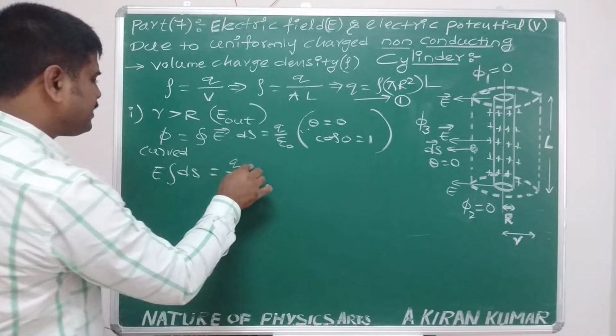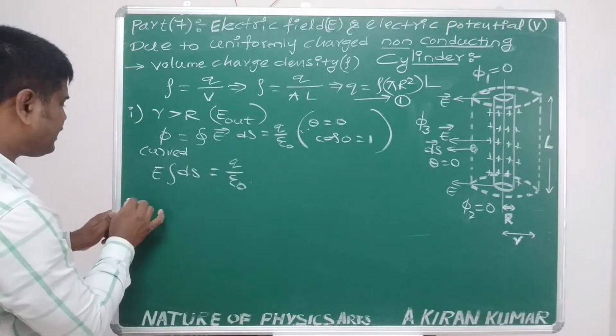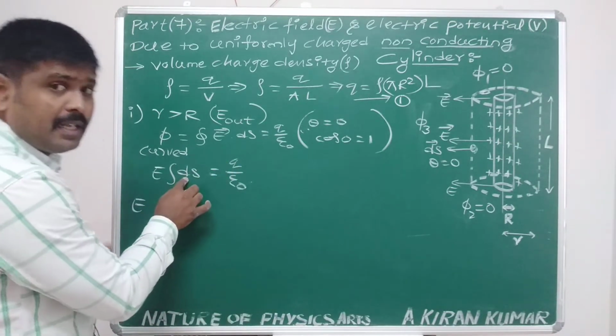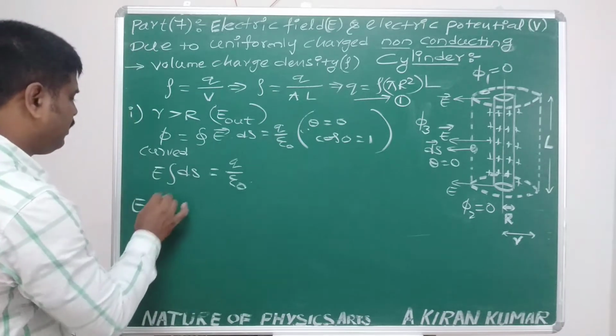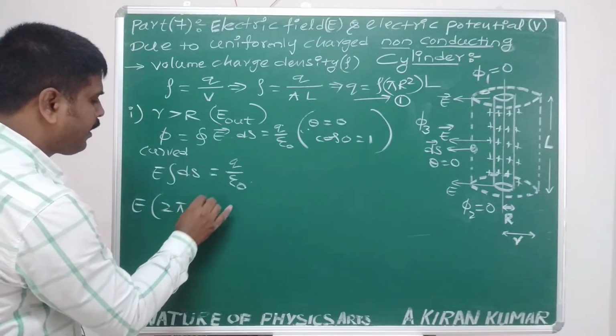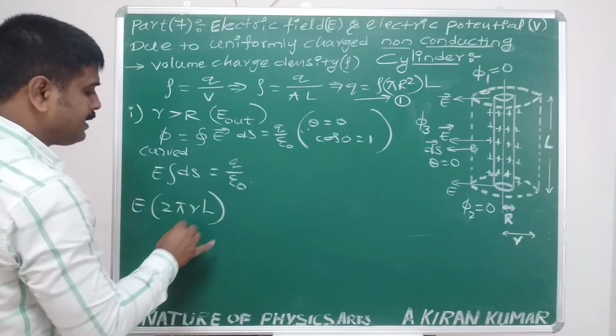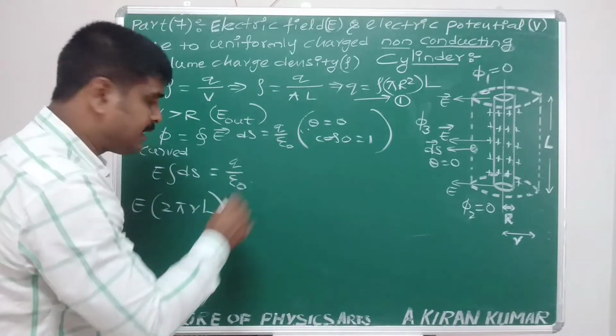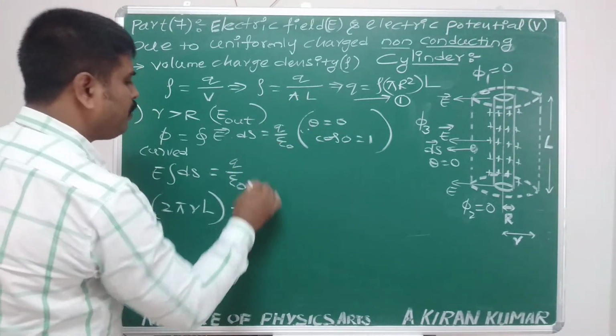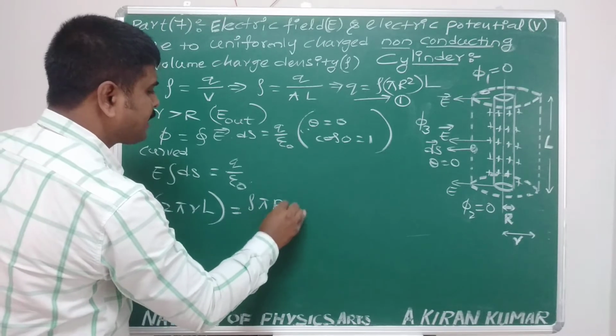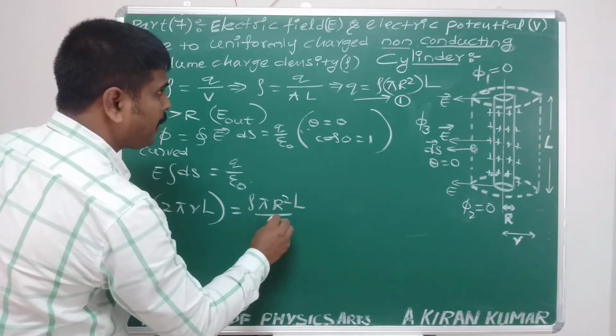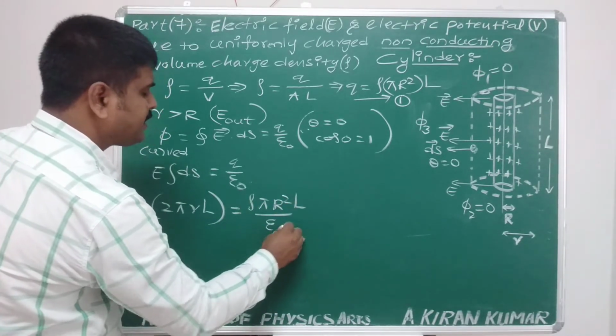Here we replace the q value, and the integral ds value is 2 pi r into L, the surface area of the Gaussian cylinder. The q value is rho into pi capital R square L, divided by epsilon naught.